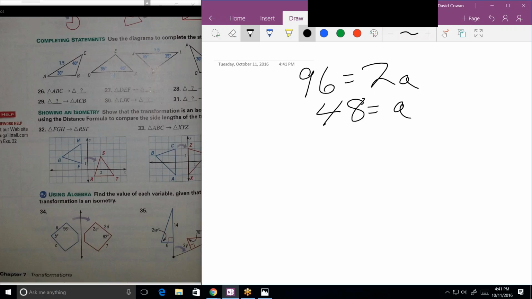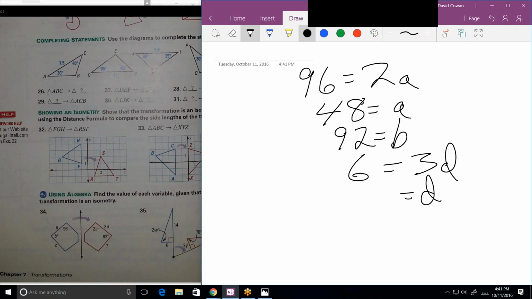B equals 92, that's straightforward. And 6 equals 3d, so d equals 2, and then c equals 7.